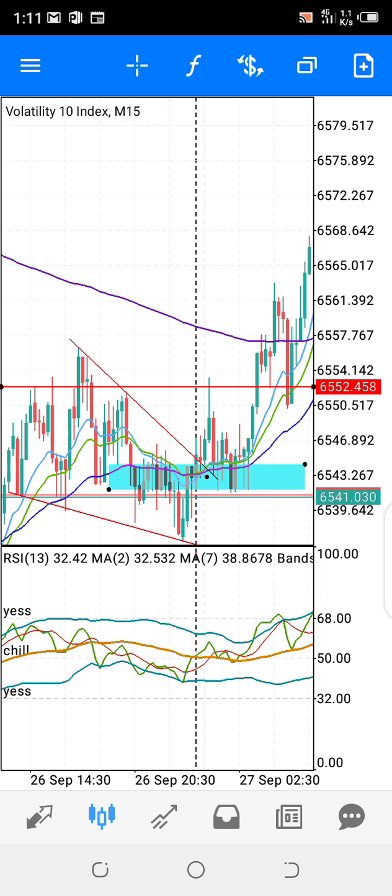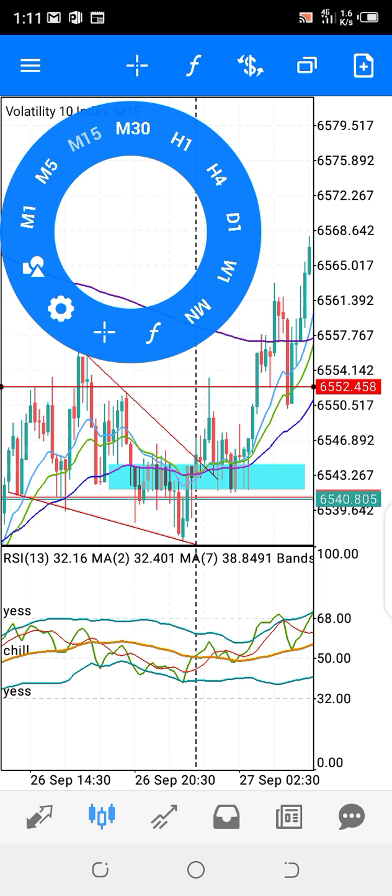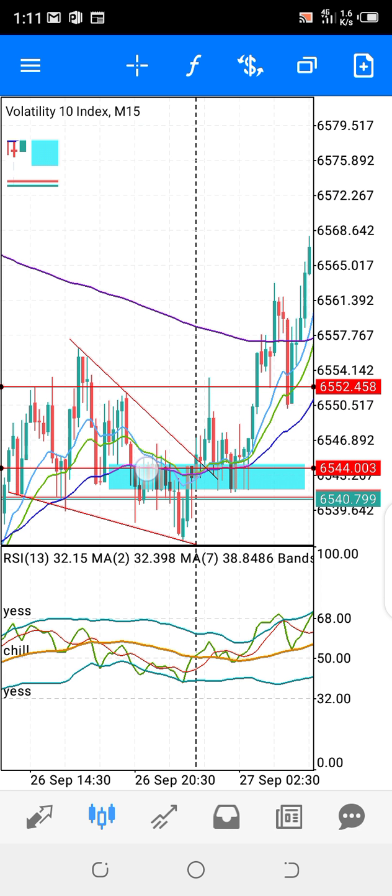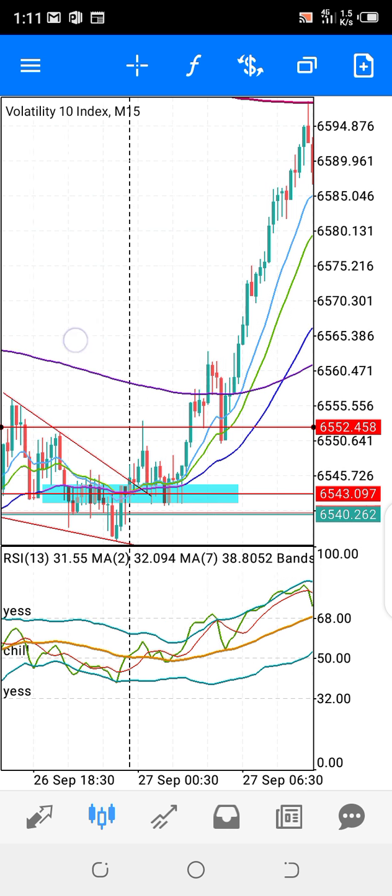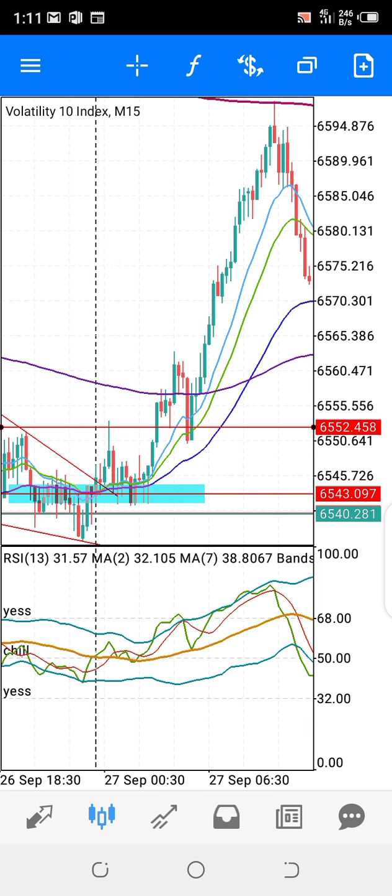Okay, as I say, if the width is long, then we divide it into two. But this issue of dividing, sometimes you will miss entries while you are waiting for it to come to almost half of that. But it's safe in terms of your stop loss will be very tight, and in case of a loss, you don't lose much. Okay, so the dealer after closing above comes back, collects orders, then boom, it was a bullish run.